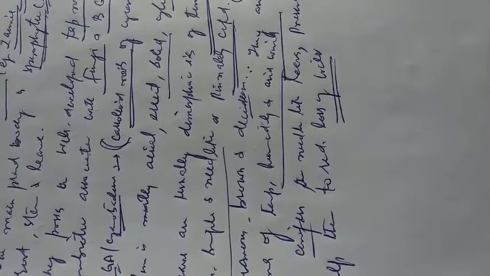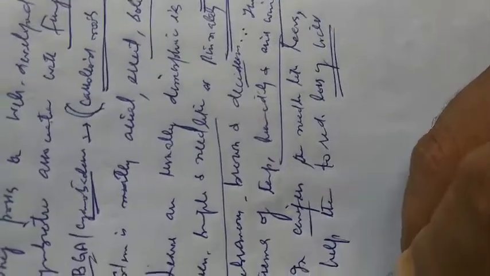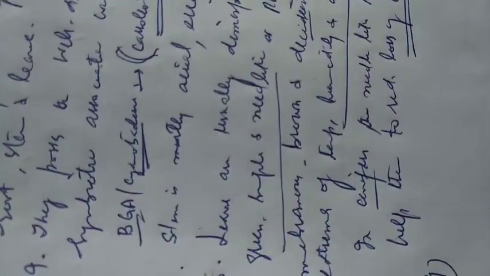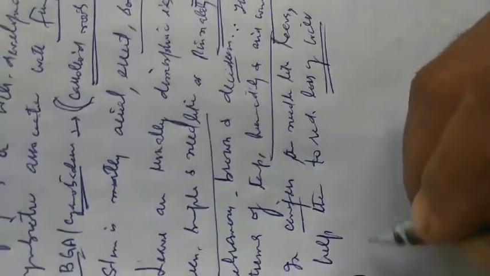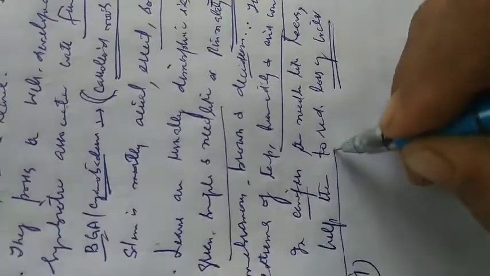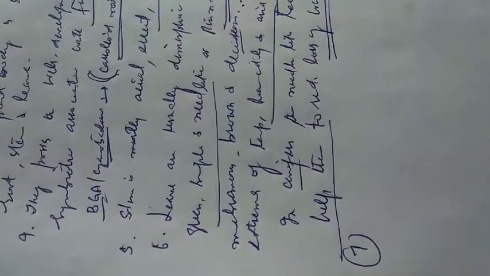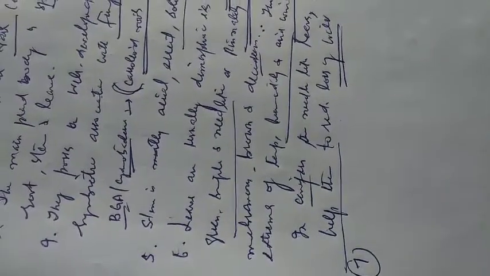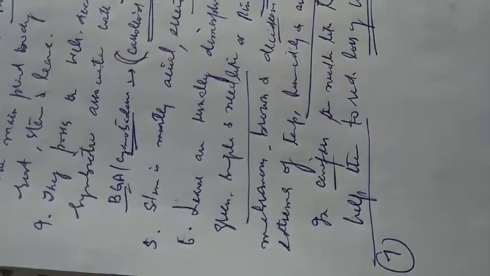In conifers, needle-like leaves, thick cuticle and sunken stomata help to reduce loss of water. The 7th feature was about morphology, and these 4 features, character number 3, 4, 5 and 6, represent the morphology of gymnosperms.